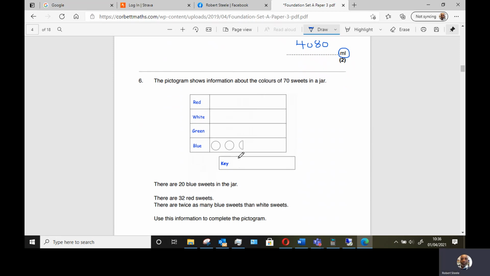Okay. So this 20 sweets is represented by 2.5 symbols.